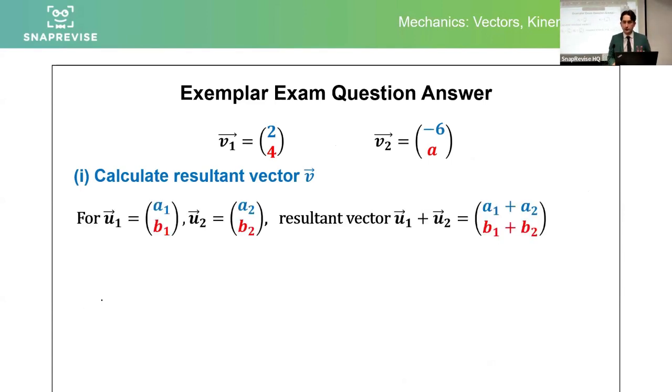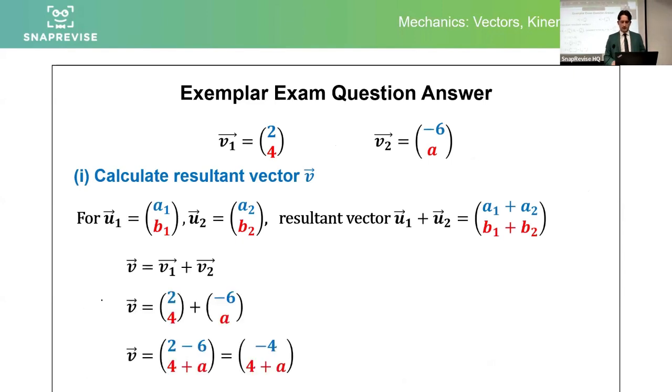So if we add the two vectors up, the resultant vector in terms of A would be 2 minus 6, which is minus 4, and then 4 plus A. And we know that the magnitude of that is 5. Now remember that the magnitude came from doing Pythagoras.